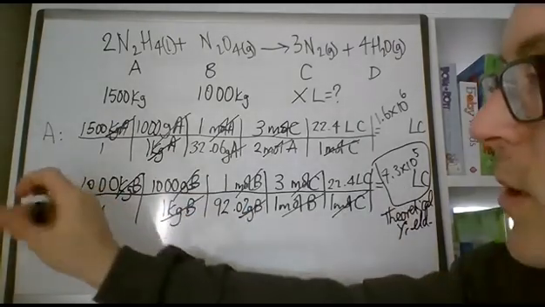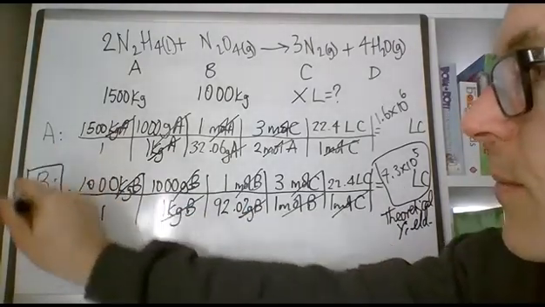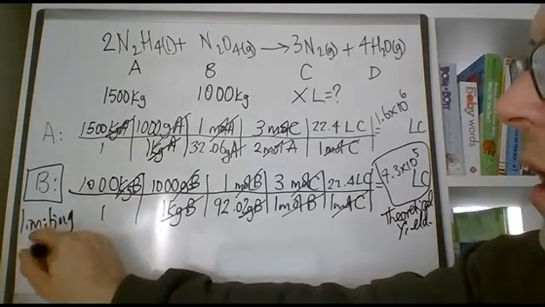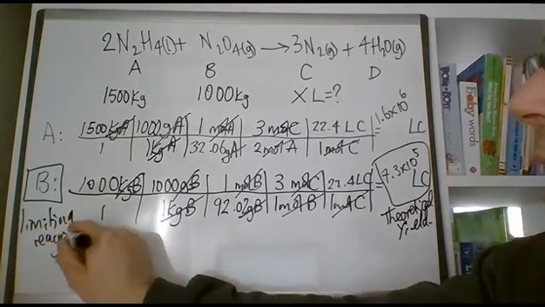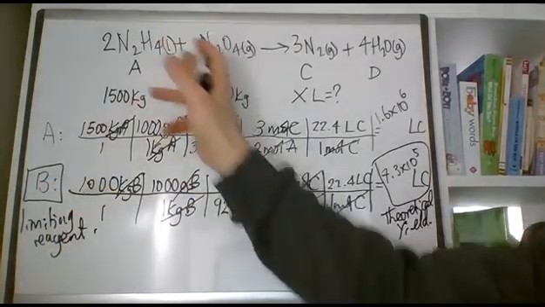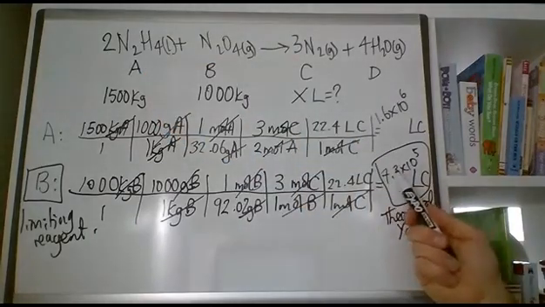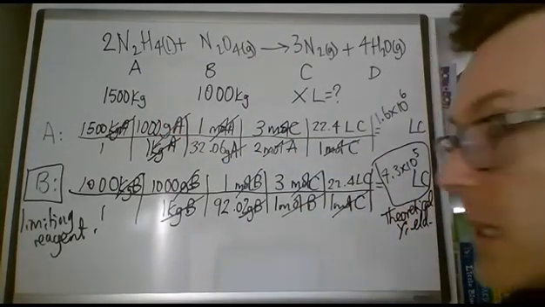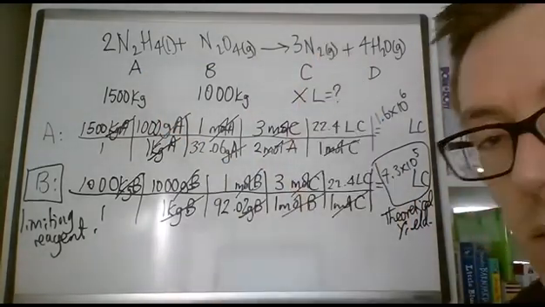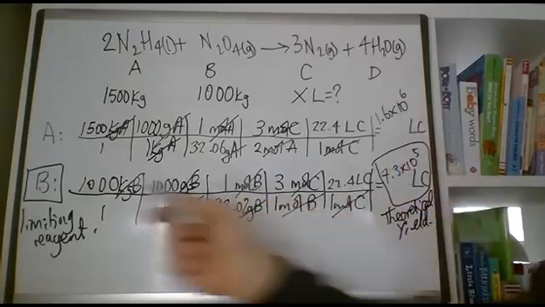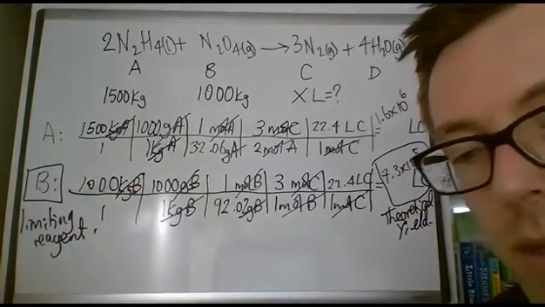Theoretical yield is always produced from the limiting reagent. So I know chemical B was the limiting reagent, and it produced 7.3 by 10 to the 5 liters of chemical C. It did not produce this value because this has got nothing to do with the limiting reagent, and the limiting reagent dominates the reaction.